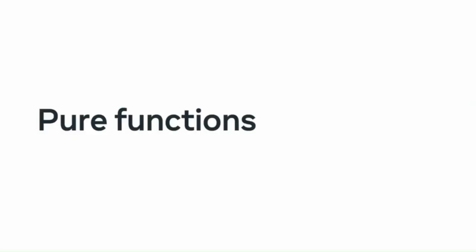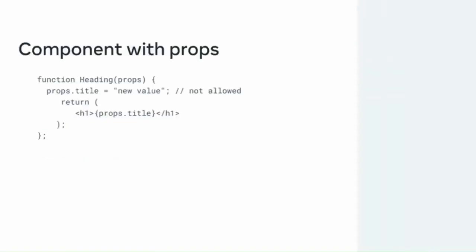In programming, a pure function is a function that will always return the same output for the same argument values that are passed in. Don't worry too much about pure functions for now. Just keep in mind that in React, when you declare a component using props, it must never modify its own props.